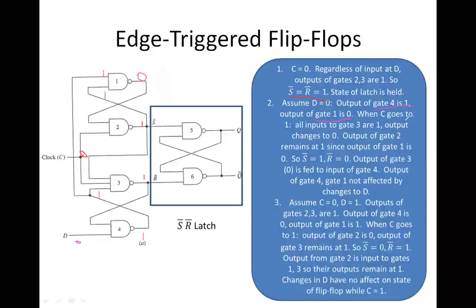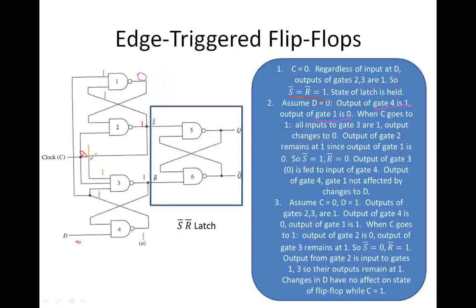Fine. When C goes to 1, from 0 we are now changing C to 1. So when I change C to 1, all inputs to gate 3 are 1. So here also I'm getting 1, here also it is 1. Why is it 1?